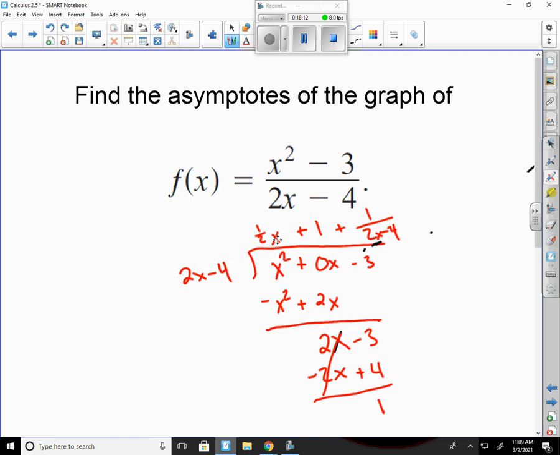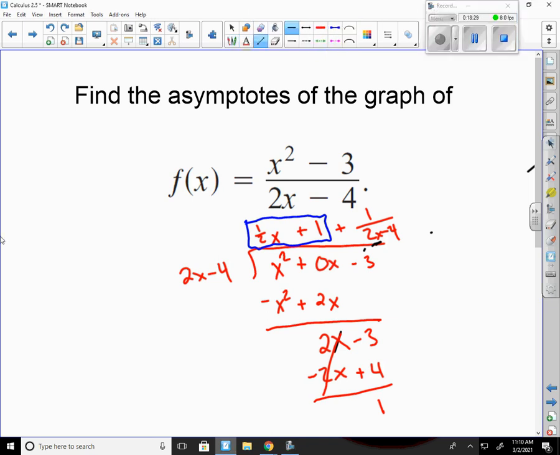This is not just a number, it's an equation, which means we don't have a horizontal asymptote in this case. We have what's called an oblique asymptote, which means that whenever I try to graph this, I'm not going to have any horizontal asymptote.